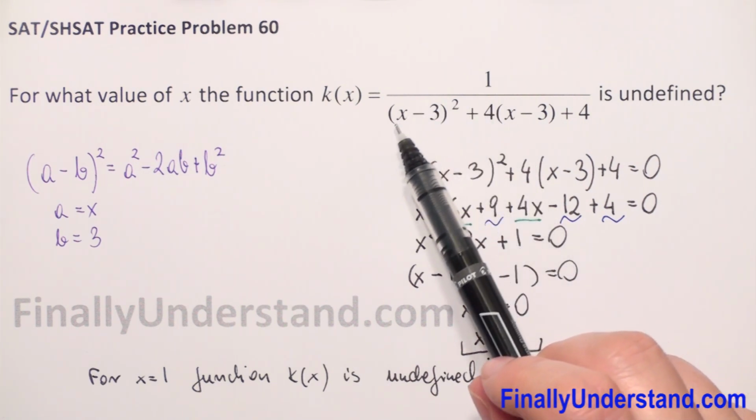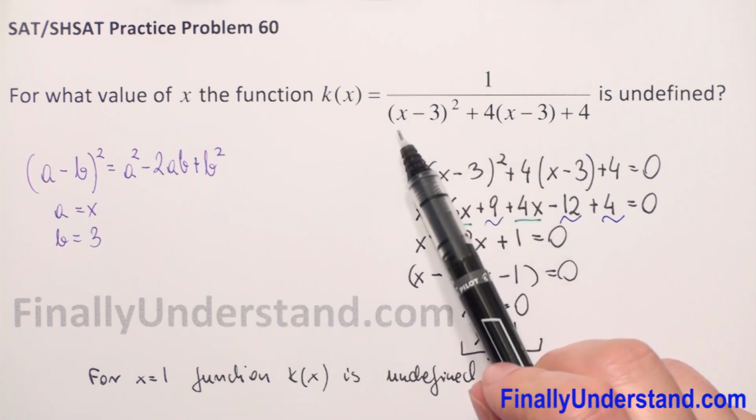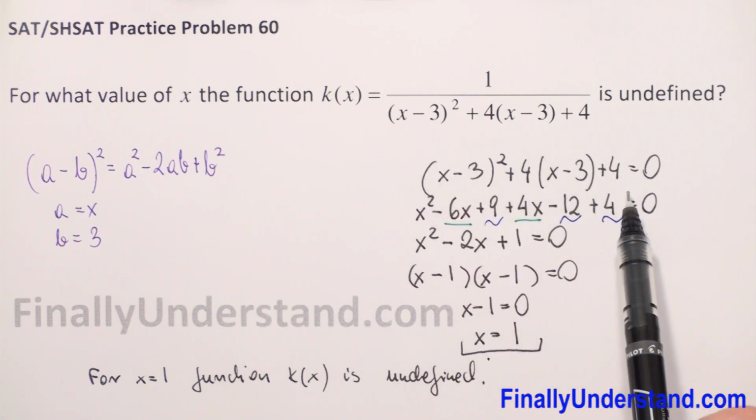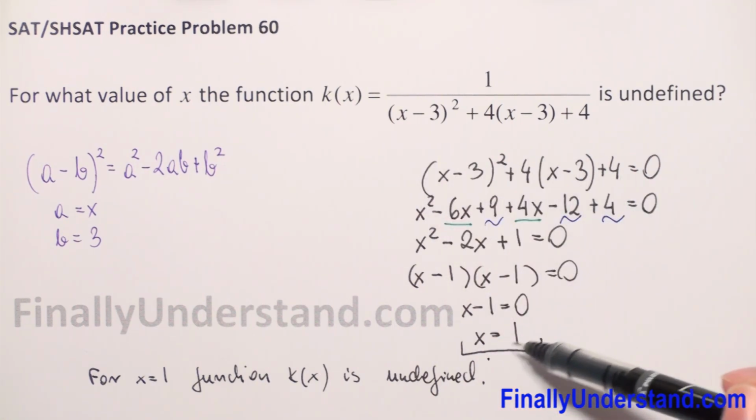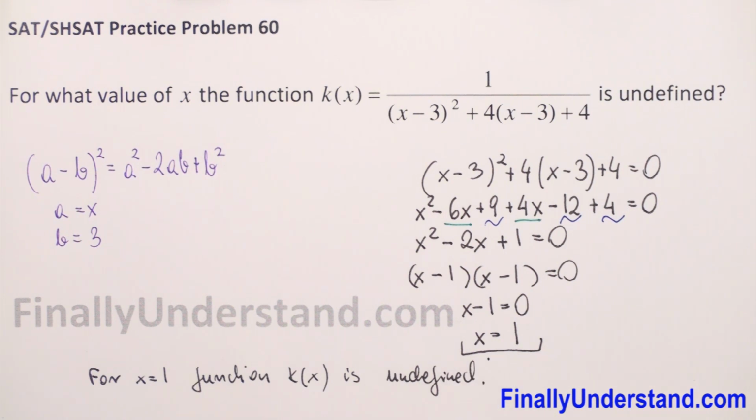So we always check when we have fraction bar denominator. When denominator will be 0? When x equals 1. So for our function, we have that for x equals 1, our function k of x is undefined. This is my solution.